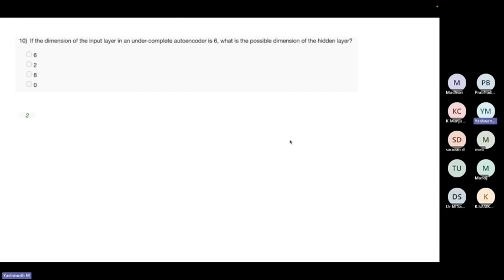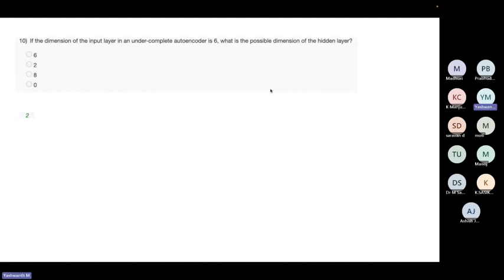The obvious answer is 2, because 6 is overcomplete and the other is also overcomplete. 0 we don't have typically, it's a kill thing, that's out of the question. So 2 is less than 6.